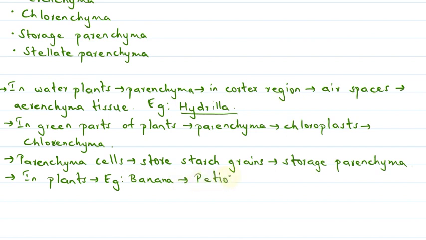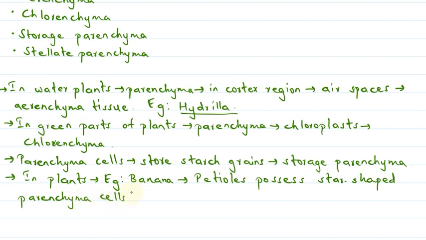The petioles possess star-shaped parenchyma cells, and these cells are known as the stellate parenchyma. Okay, so these are the 4 types of parenchyma that we had listed. Now after that, let's see what are the functions performed by parenchyma tissue.